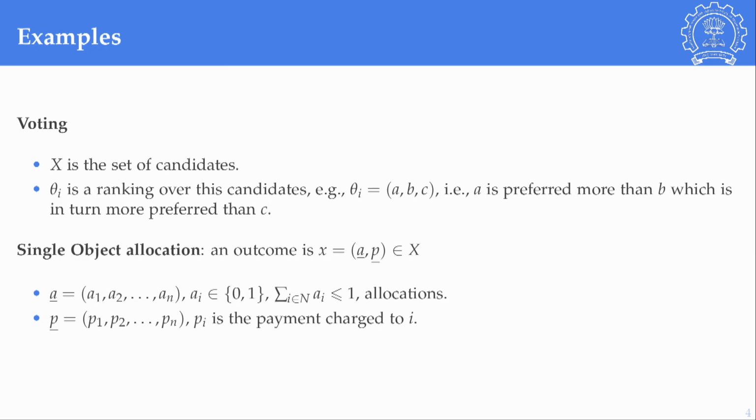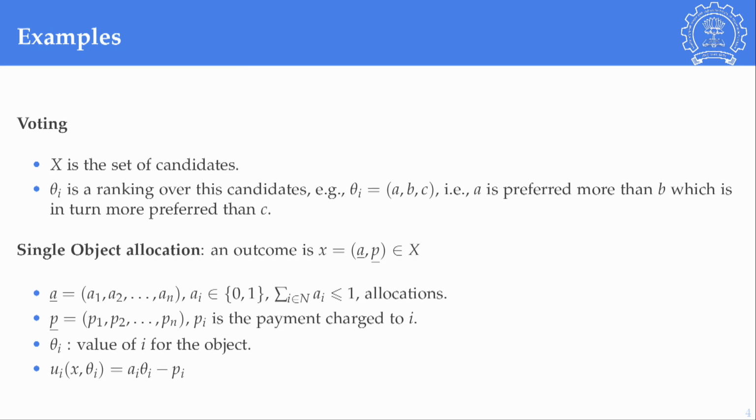While here I have this utility function. So this theta_i, the type, is telling you how much you value that object. If you win that object, you can assign a utility function on x, which is a collection of these 2 things. Here a_i is the indicator variable telling you whether you win or not. If you win, then you get theta_i, otherwise 0.